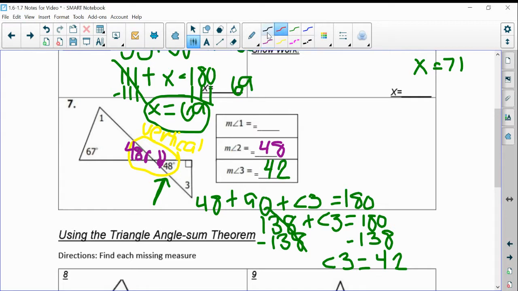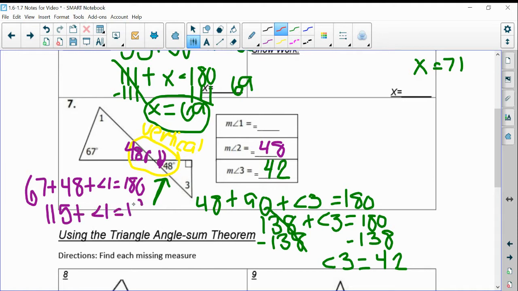All right, so 67 plus 48 plus angle 1 equals 180. And 67 plus 48 is 115 plus angle 1, and it still equals 180.